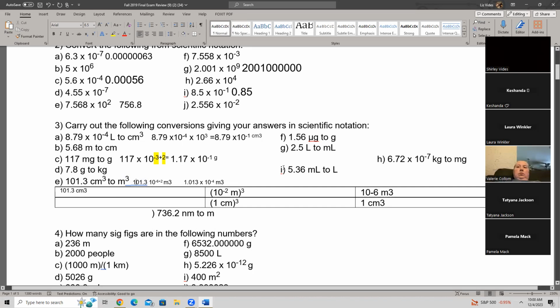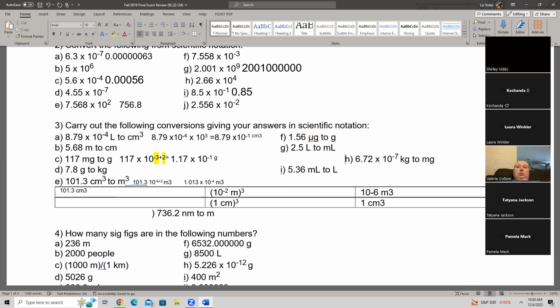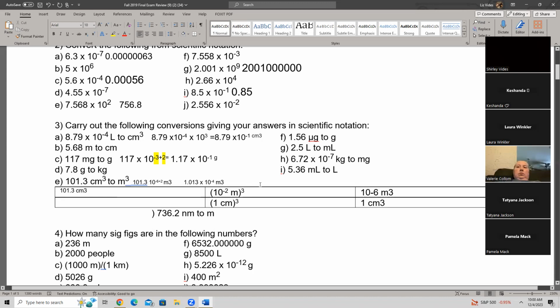All right, so that's how you do this one, okay? And that's the only one we have of these, but anything that you have that is cube and you don't have an actual cube for it, right? What you need to do is you need to actually cube it. And that's how it works. You have to cube the conversions that you have.